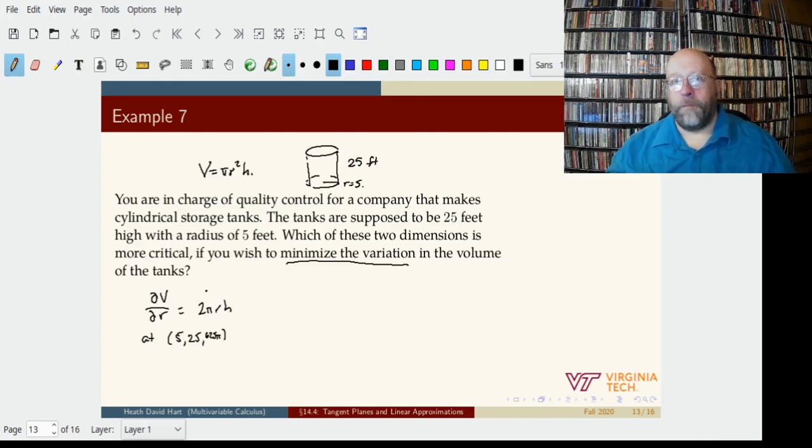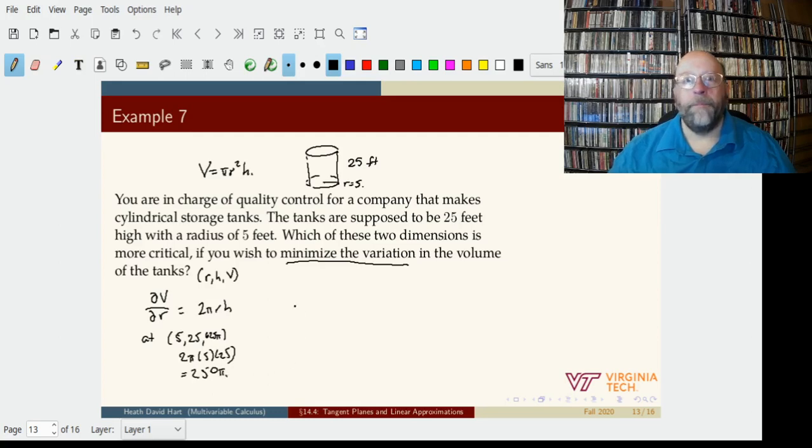So I'm using the coordinate system radius, height, volume. Then 2 pi r h is going to be 2 pi times 5 times 25, or 250 pi.